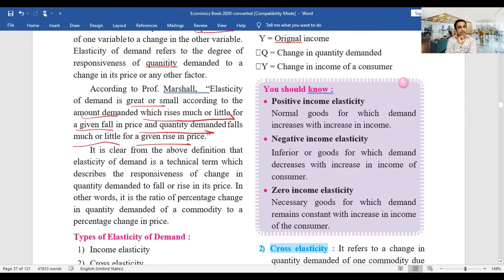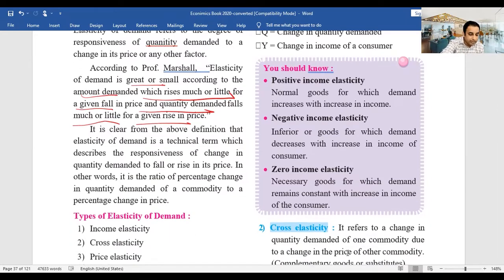And for cross elasticity, the formula is percentage change in the quantity of X divided by percentage change in price of Y, where X and Y are related goods. So broadly, this is how you can remember the entire types of elasticity of demand.